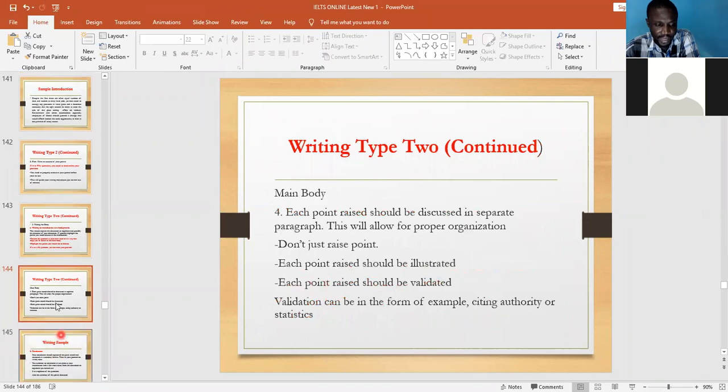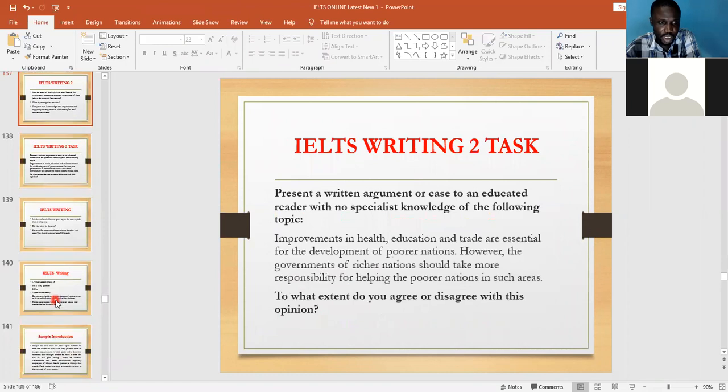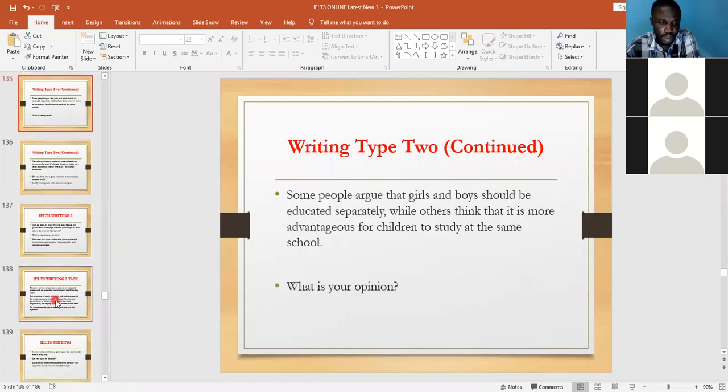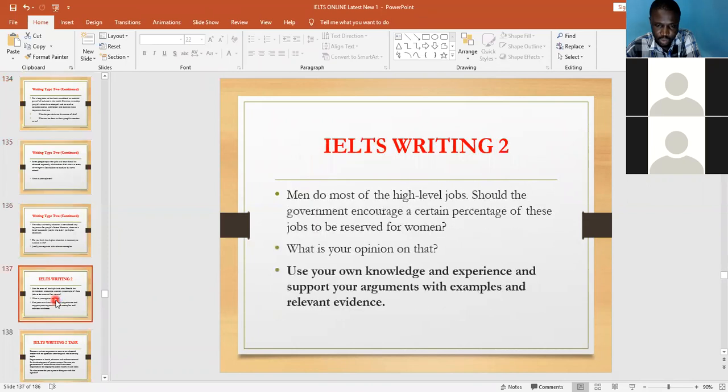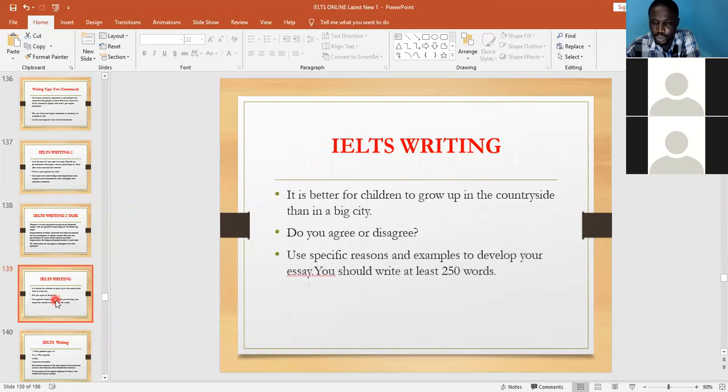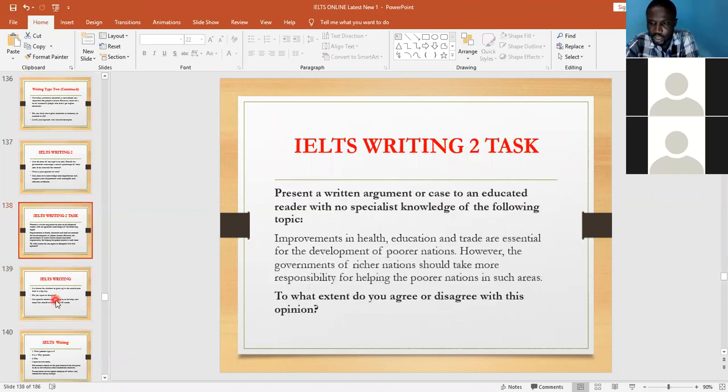Let me see if I can get the sample question I gave last week. This was the question we did in class. Let me go to something a bit easier for this evening. This was the task I gave last week. I didn't see it from any one of us, that is the introduction.